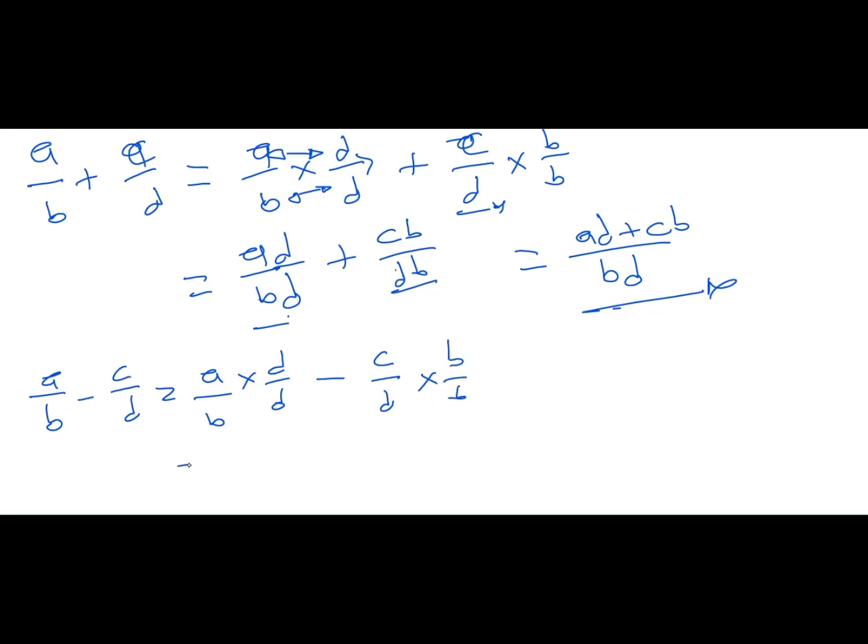So it's going to be AD over BD, and then minus C over DB, which is going to be AD minus CB over BD. So just like that.